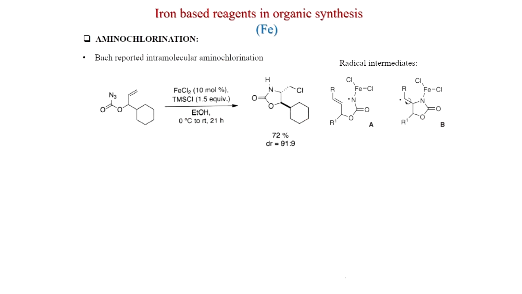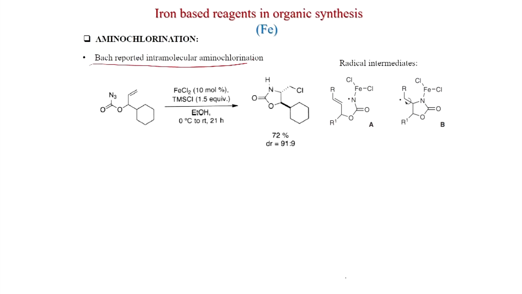So, now we will see a different reaction, aminochlorination. This is also difunctionalization of olefins. Bach reported intramolecular aminochlorination with this acyl azide, and there of course is an olefin. Now, with ferrous chloride 10 mole percent, TMS chloride 1.5 equivalents, ethanol, 0 degrees centigrade to room temperature, in 21 hours you get this product.